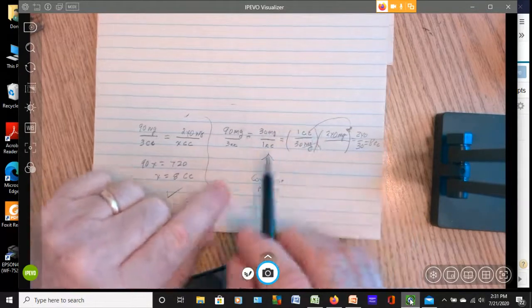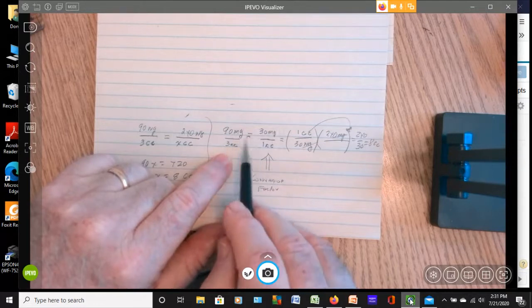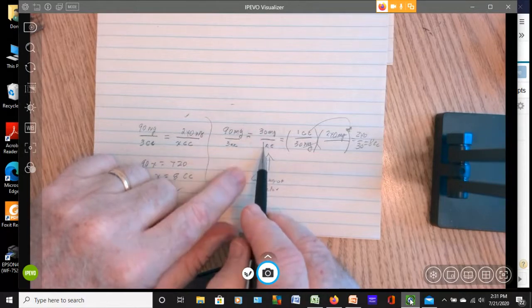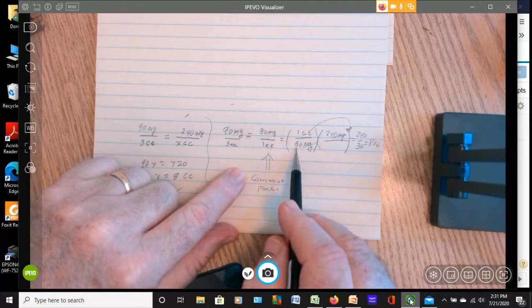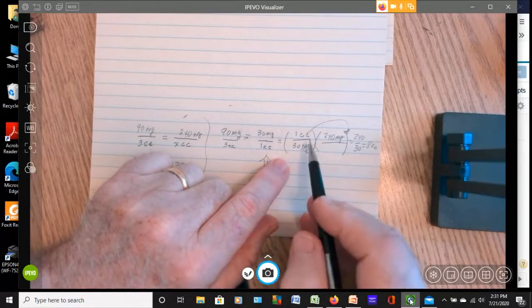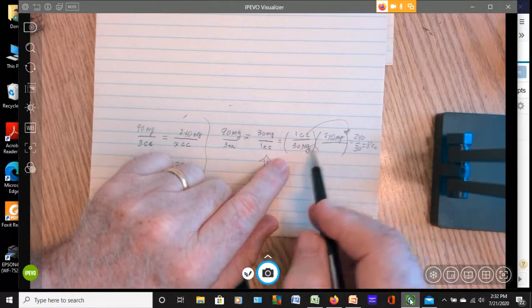The other method I did was, I thought of it as a kind of dimensional analysis problem. I would say, well, my conversion factor here really is 30 to 1, 30 milligrams to 1 cc. Said differently, 1 cc to 30 milligrams. And then I'd like to use this conversion factor multiplication-wise in such a way that I can eliminate the units that I don't want, which would be, in this case, milligrams.